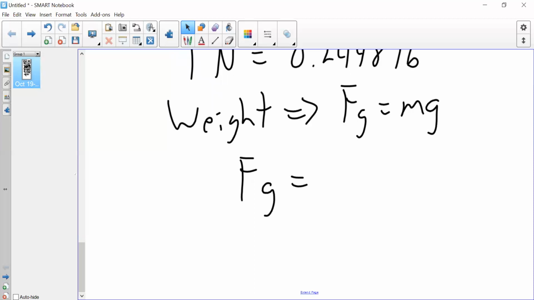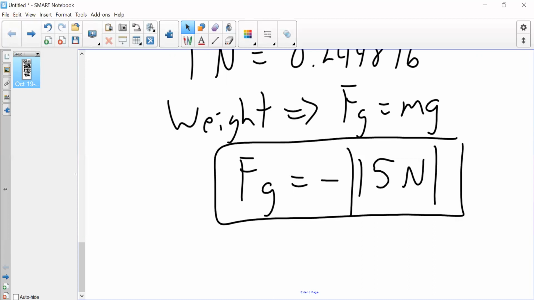So if the force of gravity is negative 15 newtons, mass times gravity gives you negative 15, then the weight is actually the scalar. It's the number, which you can convert to pounds, and then you can divide that by gravity to get your kilograms, to get your mass. So this entire thing is the force of gravity, but the number inside is weight, because it's just the scalar.